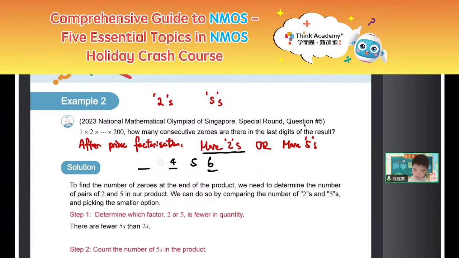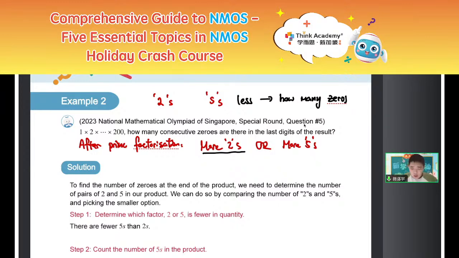So that's why in most of the cases, we will have more twos. But just now we said the smaller amount will determine how many zeros. So that's why actually we don't have to think about how many twos are there.